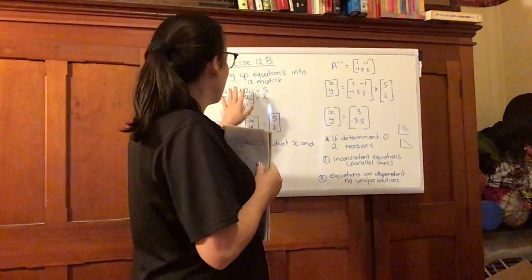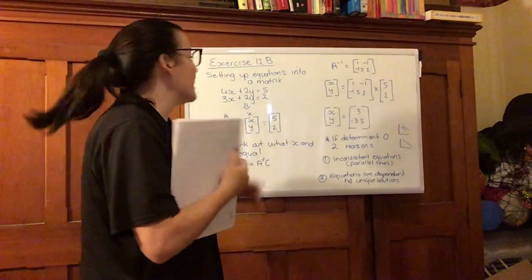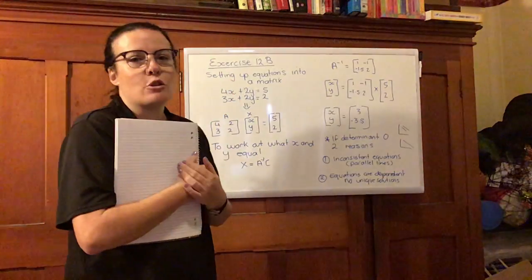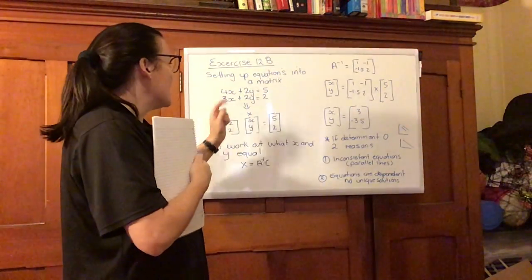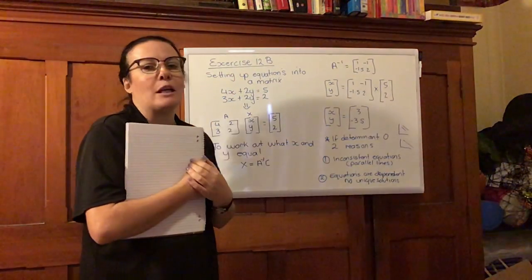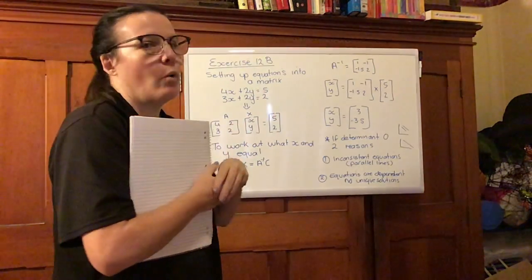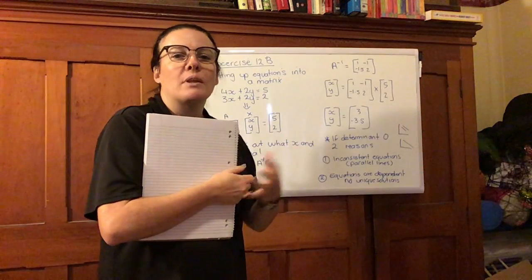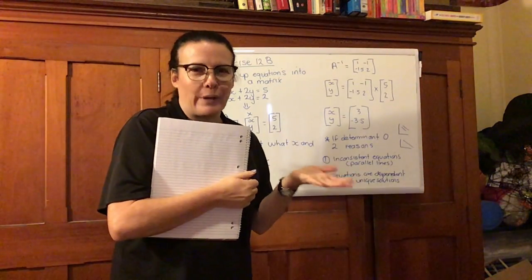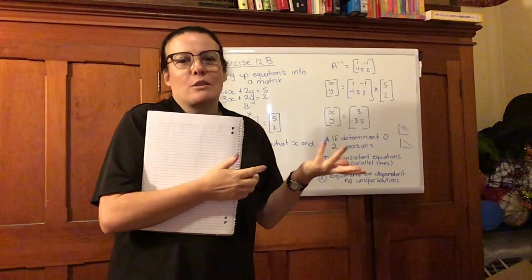So, say we have these two equations here. 4x plus 2y equals 5 and 3x plus 2y equals 2. And we want to determine what x and y equal. In such a simple example, doing it algebraically would just be as quick.